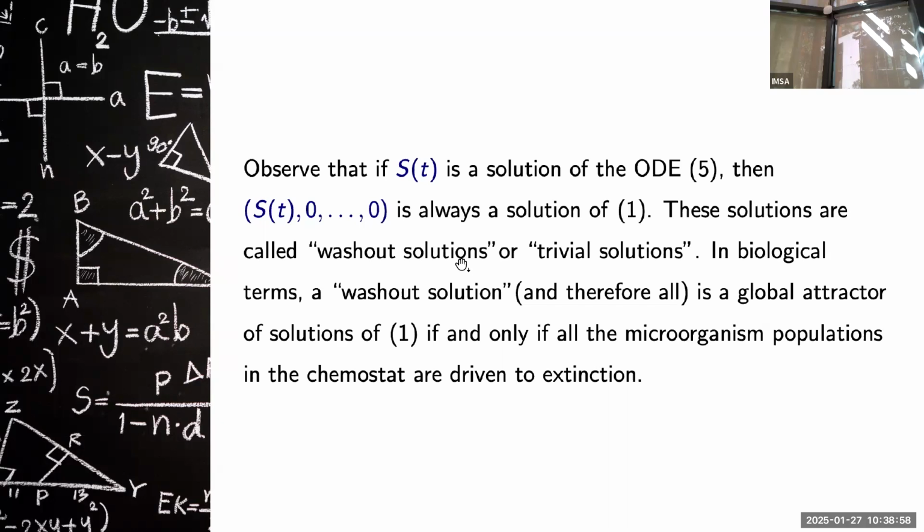So we have that the solution with x in the first variable and the rest 0 will also be a solution for our problem. But here you can see what's happening with the solution. All the rest are 0. And then what happens with this type of solution, the global attractor, which means in the biological sense, is that our population will go to extinction.